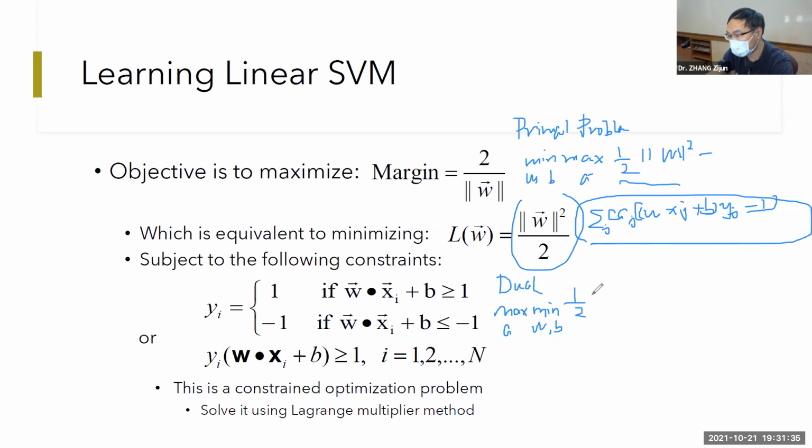It's 1/2 ||w|| squared minus the summation of alpha_j multiplied by (W x_j plus b) multiplied by y_j minus 1, for all the j.